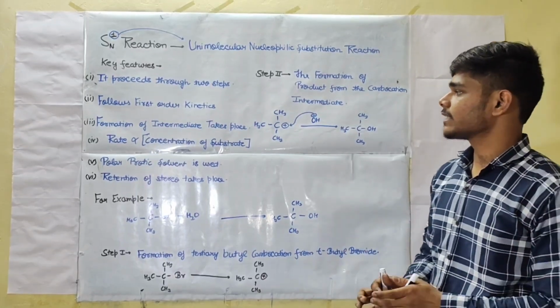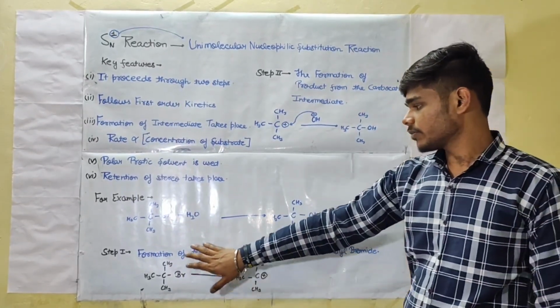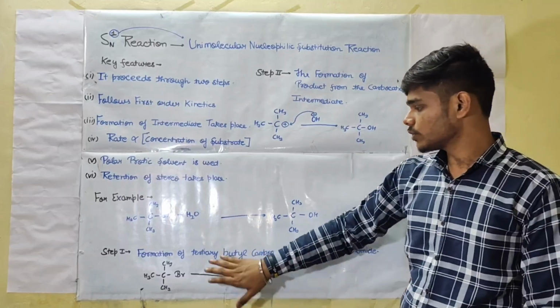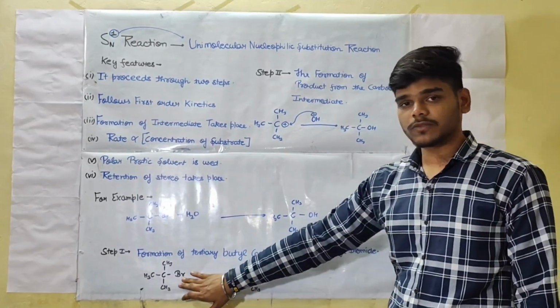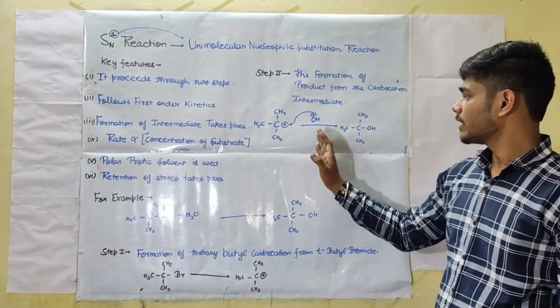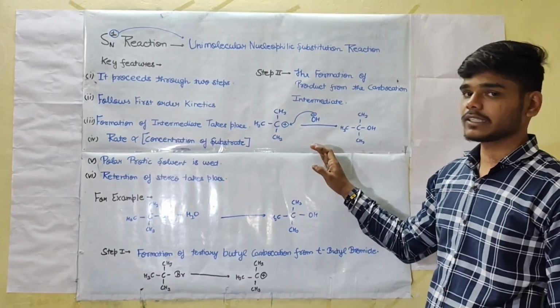So this is SN1 reaction in which it forms the product by two steps, which is loss of leaving group in first step and addition of nucleophile in the second step.